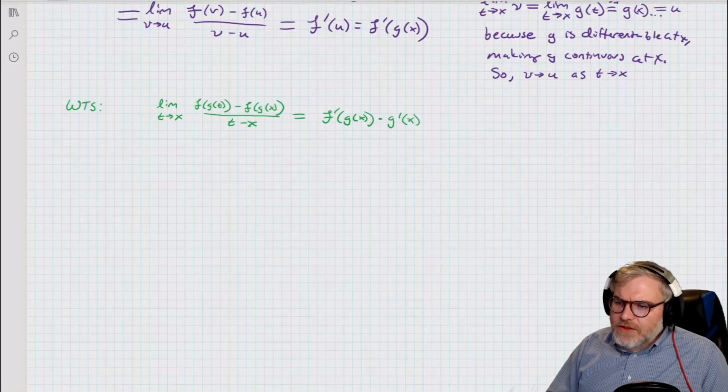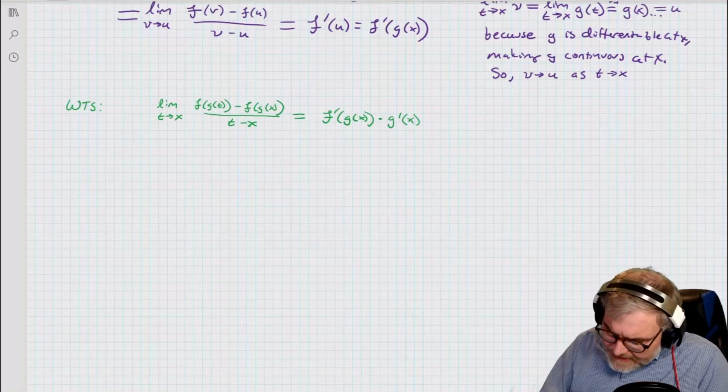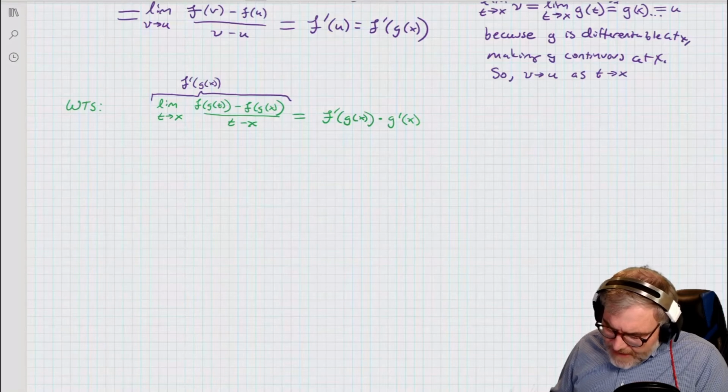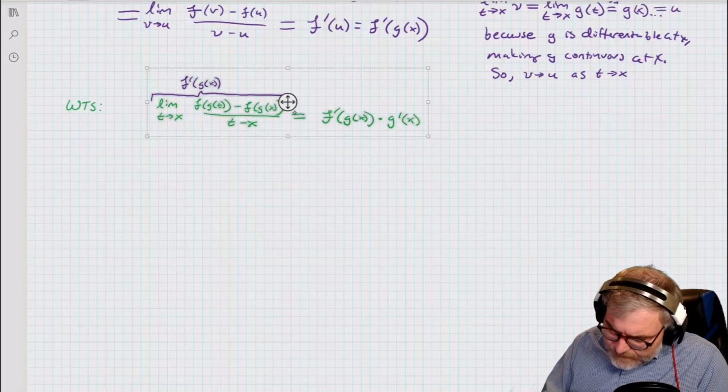Right? This term right here is the exact same. This term right here is f prime of g of x. Okay. That's the t to x definition of f prime of g of x. So let's just write it out.